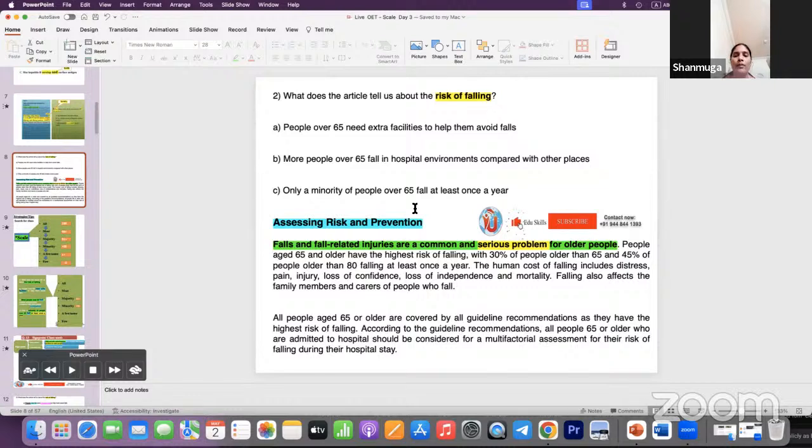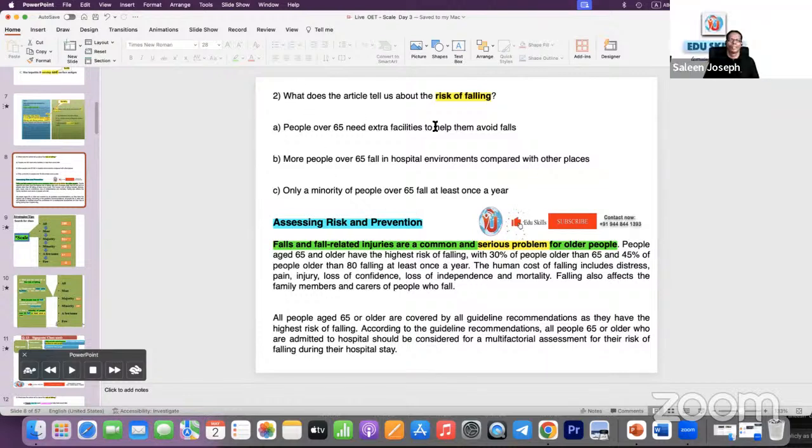Falling also affects the family members and carers of people who fall. All people aged 65 or older are covered by all guideline recommendations as they have the highest risk of falling. According to the guideline recommendation, all people 65 or older who are admitted to hospital should be considered for a multifactorial assessment for their risk of falling during their hospital stay.